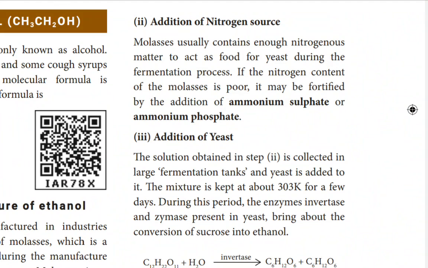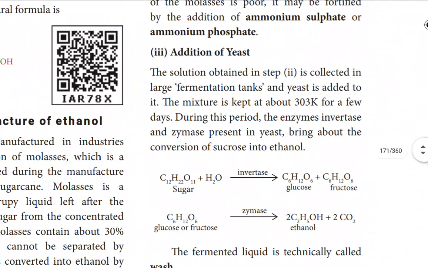So the external addition of ammonium sulfate, ammonium phosphate acts as food for yeast during the fermentation process. So simply you have to understand, addition of nitrogen source means if the sugar molasses does not contain sufficient amount of nitrogen, external addition of ammonium sulfate, ammonium phosphate is used. This you can underline.